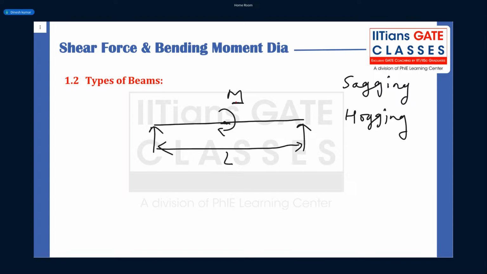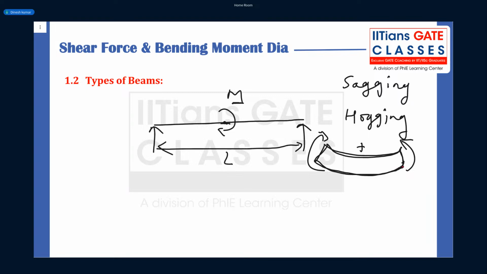Okay, suppose a beam is bending like this, then this kind of bending is known as what? On top we have compression and at the bottom it is tension. So this is known as sagging. This is not the cross section, guys. This is along the length of the beam.